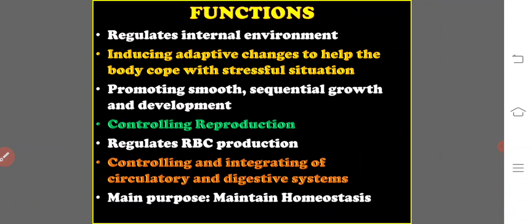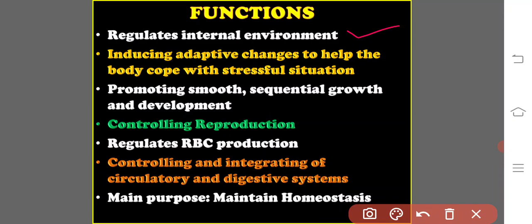And coming to the functions of the endocrine system. First one is it regulates the internal environment. How can it regulate the internal environment? It regulates nutrient metabolism and water and electrolyte balance, which are important collectively in maintaining a constant internal environment.